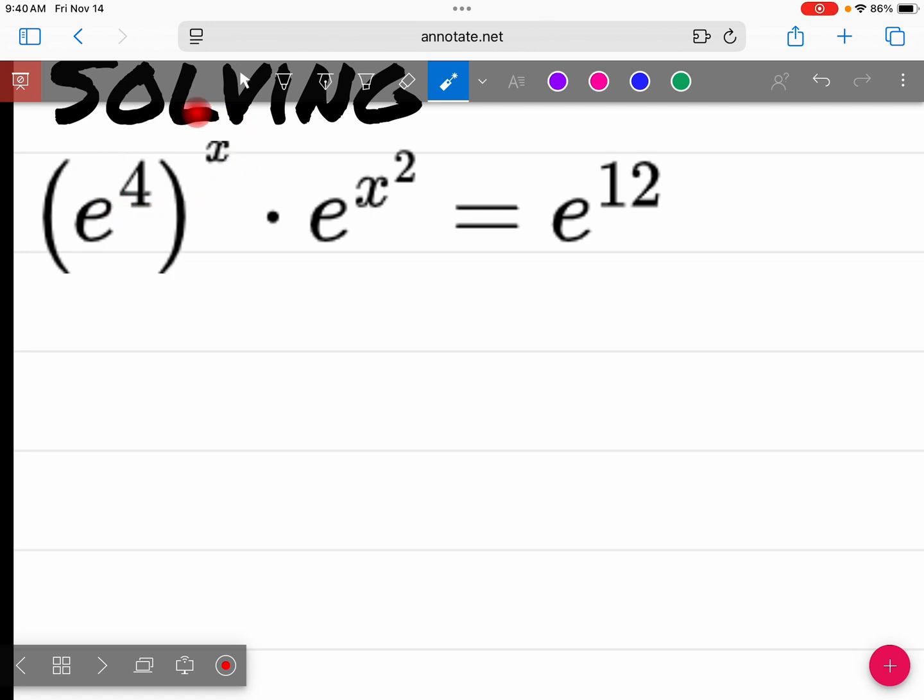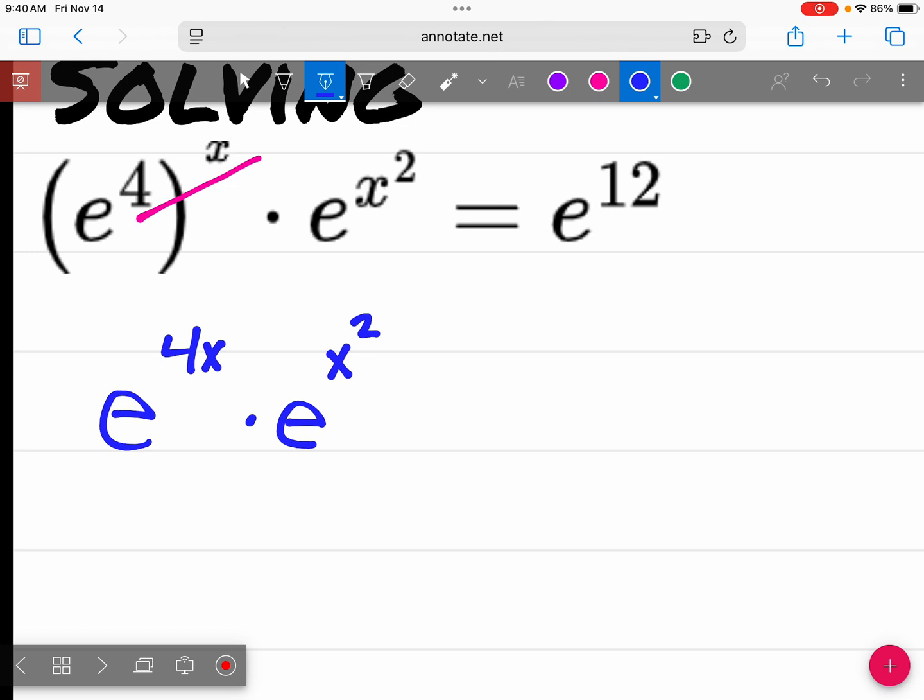What can I do with e to the 4th to the power of x? They multiply together. So this is the same thing as having e to the 4x times e to the x squared equals e to the 12th. When we are multiplying bases, if we multiply bases, what can I do to the exponents?